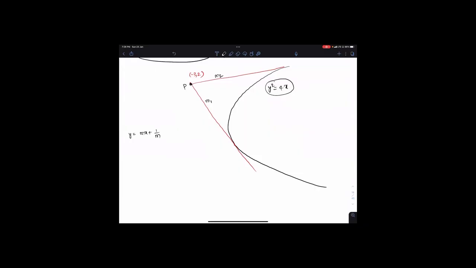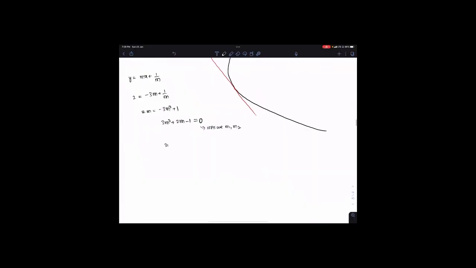Then substitute this point minus 3 comma 2 in this line equation. That is, y is 2, x is minus 3: 2 equals minus 3m plus 1 by m. Now simplify. You will get 2m equals minus 3m square plus 1, so 3m square plus 2m minus 1 equals 0. Are we getting a quadratic equation here? Now the roots of this quadratic equation are m1 and m2. That's all.